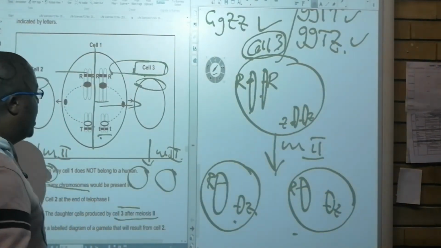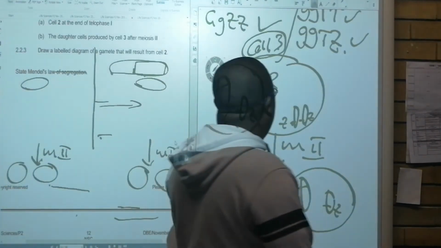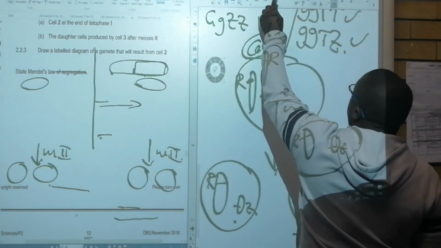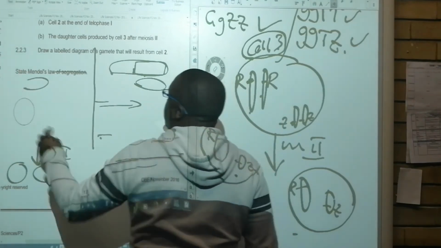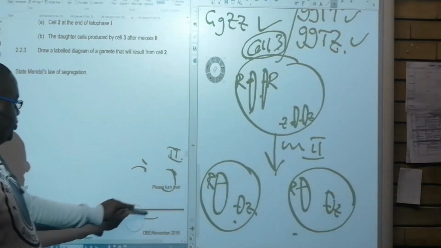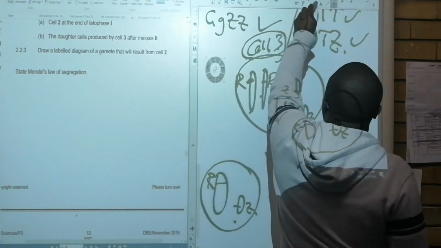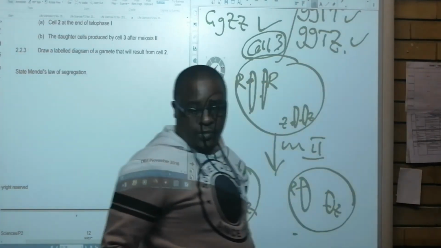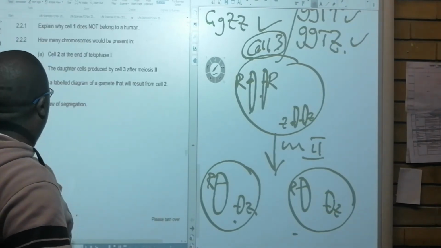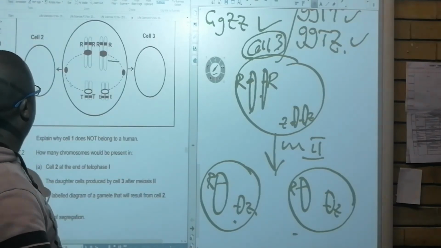Draw a labeled diagram. Let's do it here. I'm going to do a quick sketch, because we don't have time. Draw a labeled diagram of a gamete that will result from cell 2.